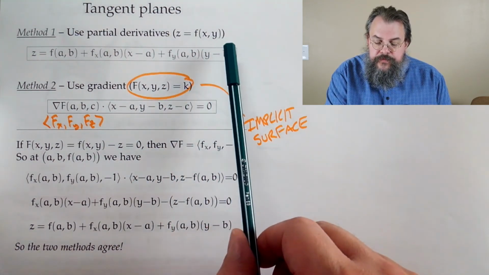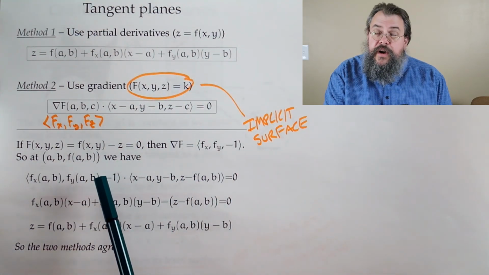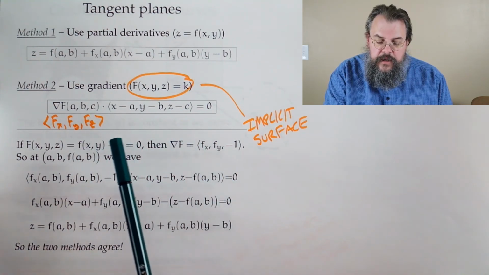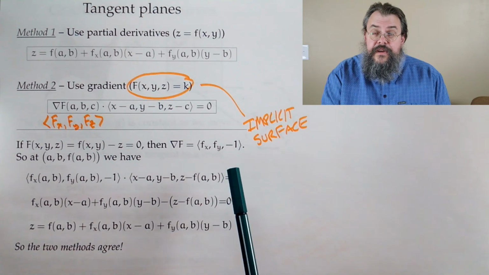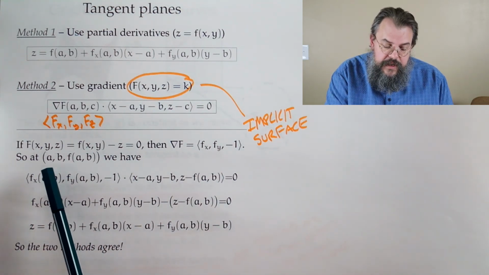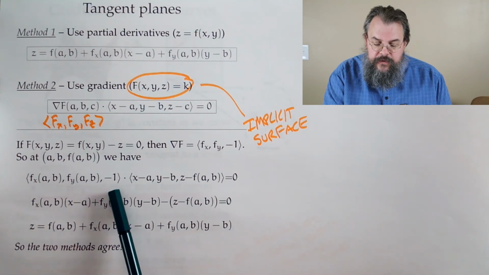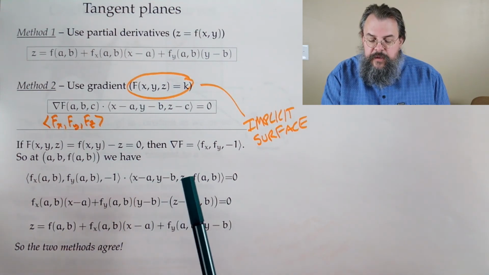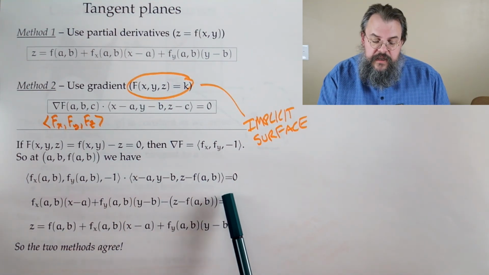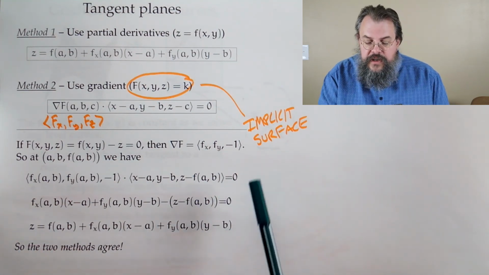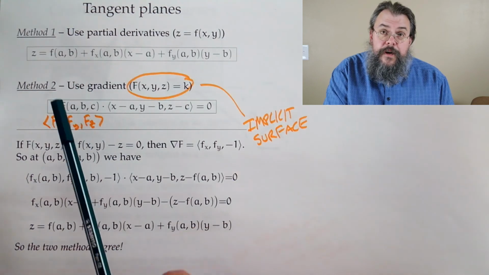Now take your partial derivative: f sub x, f sub y, minus 1. So at our point a, b, f of a, b, we have f sub x, f sub y, minus 1 dot x minus a, y minus b, z minus f of a, b equals 0. And if you expand and rearrange, lo and behold, you get the same formula as before.